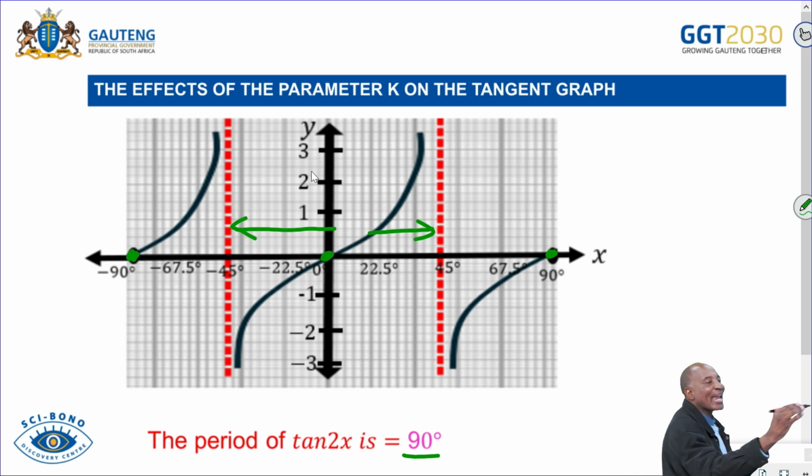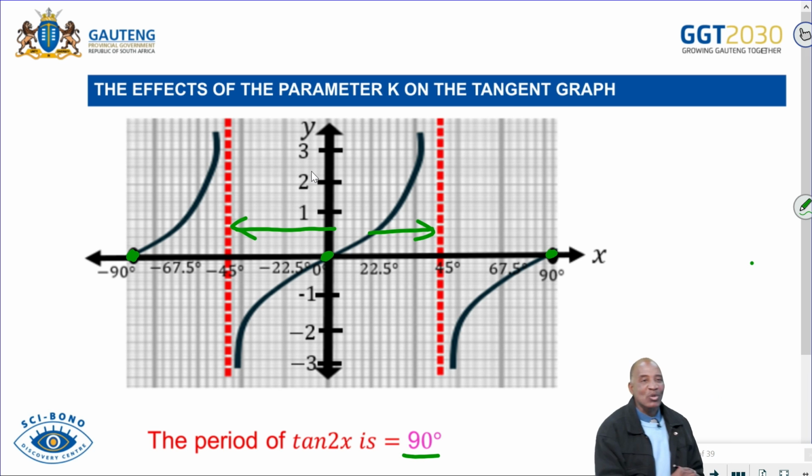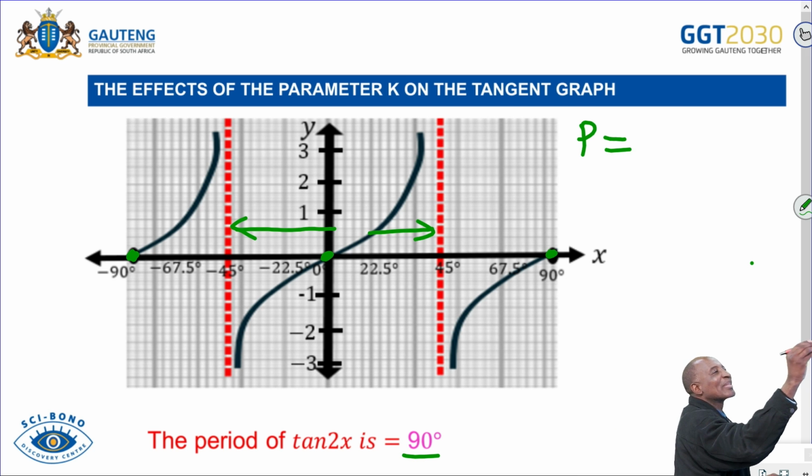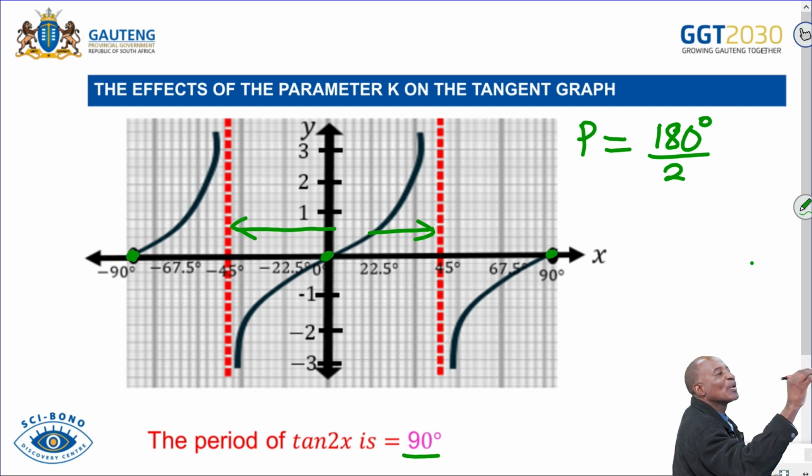Even if I were to add other angles until 180, you will find that it will maintain the same period of 90 degrees. Meaning again, our period is going to be the standard period, which is 180 degrees for tan. You divide by 2, it will come down to 90 degrees.